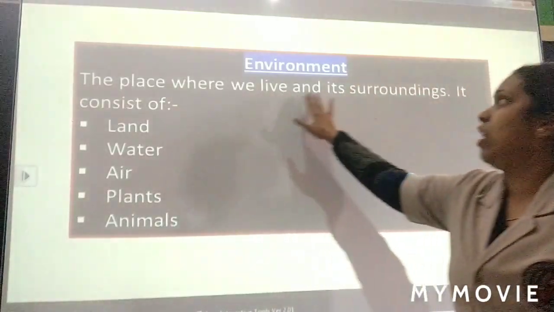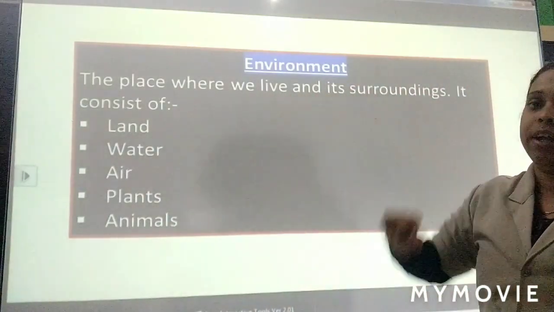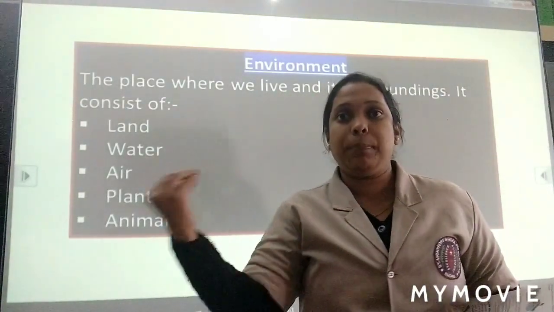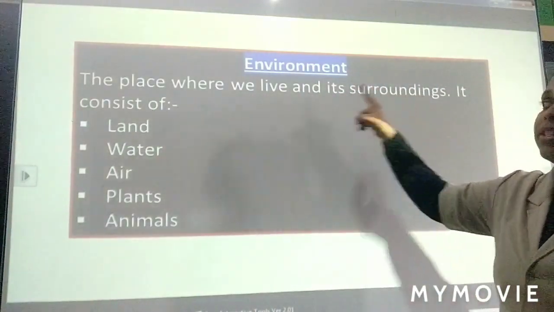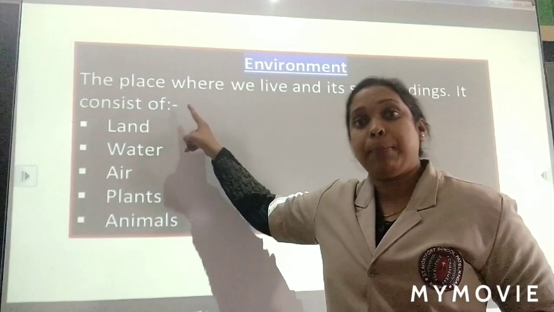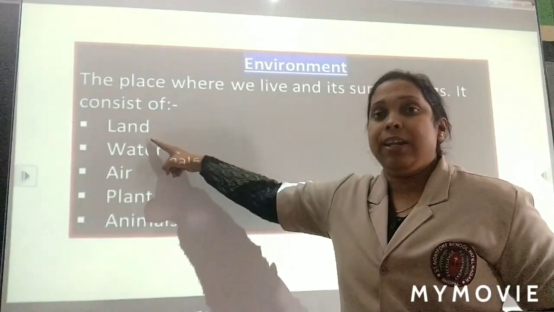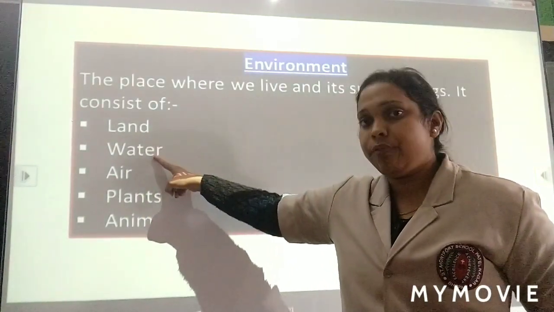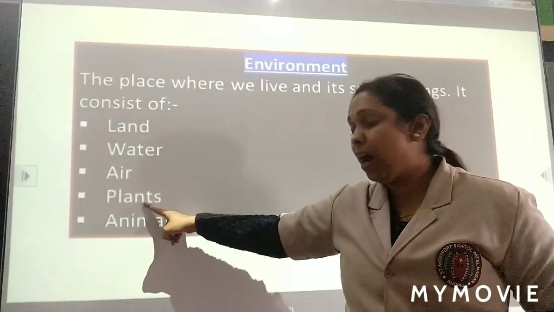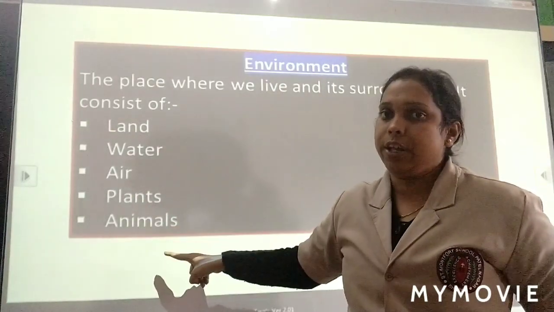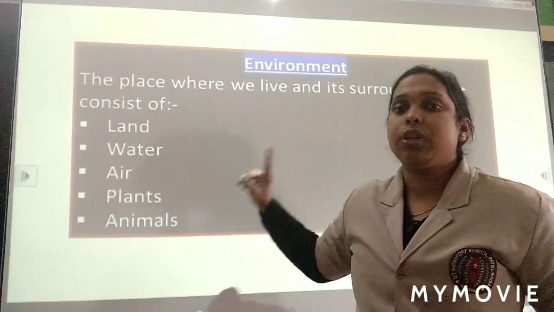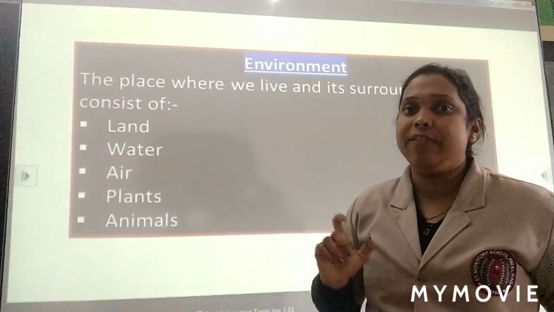The place where we live and its surrounding. अपन जहाँ रहते हैं और अपने आस-पास की जगह. The place where we live and its surrounding consists of. अब क्या-क्या है अपने आस-पास? Land is there, water is there, air is there, plants are there, animals are there. All these things are there around us. So this all consists of environment.